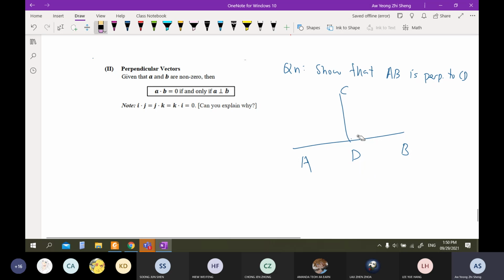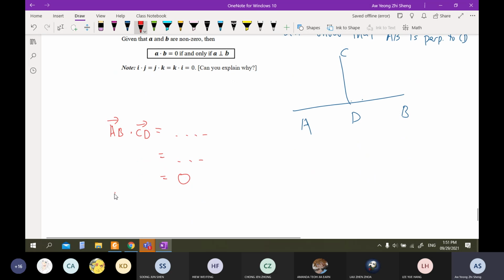Okay, so one very easy way to show this is you would construct a vector using points A and B. So you can construct a vector, let's say vector AB. You will also construct another vector using C and D. Okay, and after some computation, if we are able to get a 0, then you can happily conclude vector AB is perpendicular to vector CD.